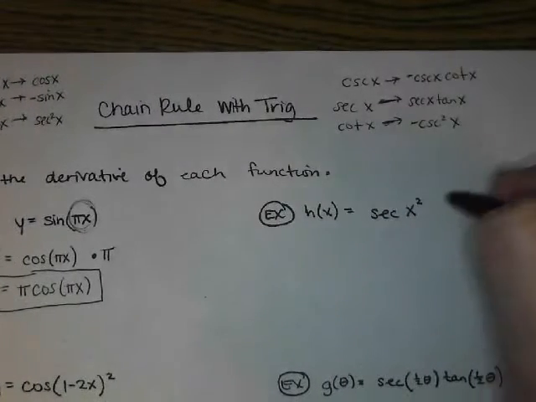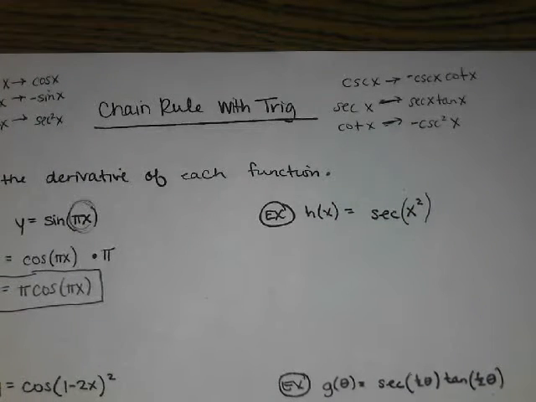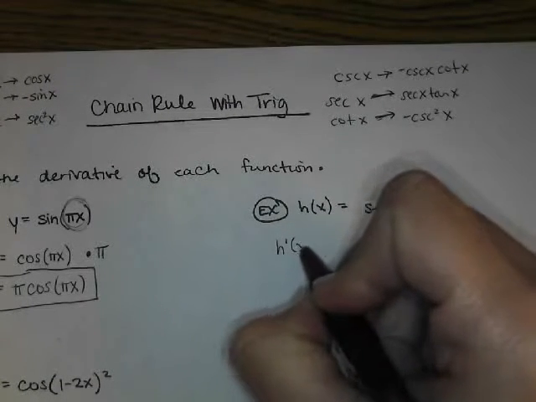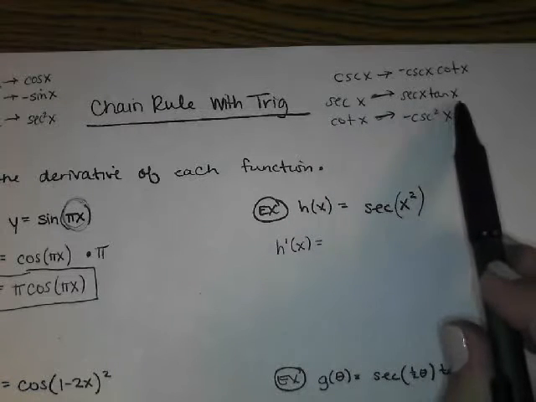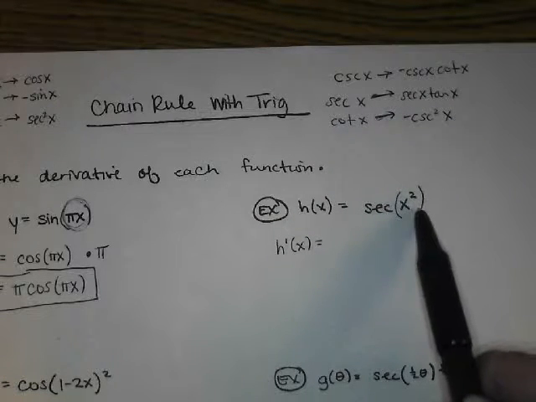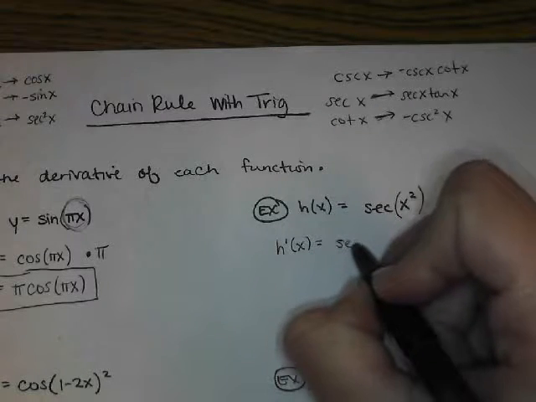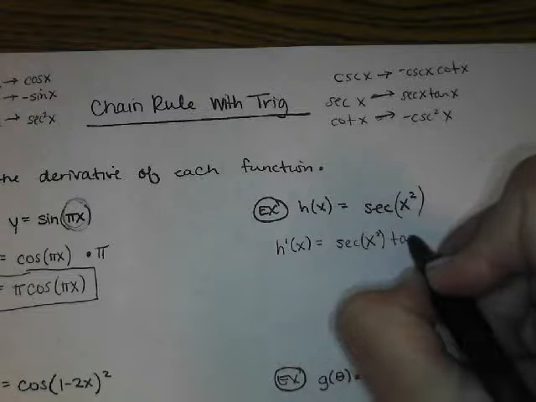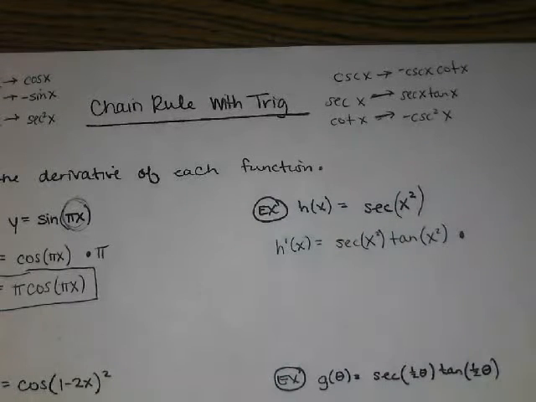Okay? On this one, we're taking, and I'm just going to throw parentheses in there, the secant of x squared. So the derivative of secant is secant x tan x, but it's not x in this case, it's x squared. So when I take the derivative of secant, it's secant of the x squared, tangent of the x squared, and then we're going to have to multiply that by the derivative of what's inside.